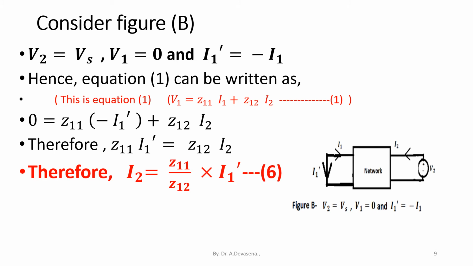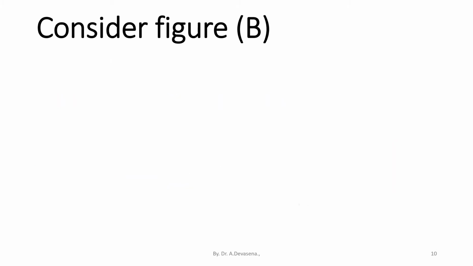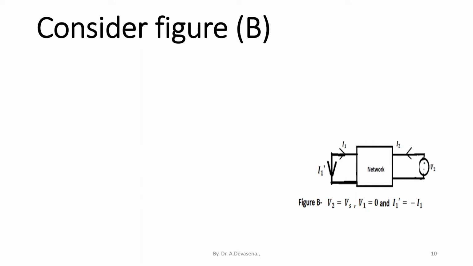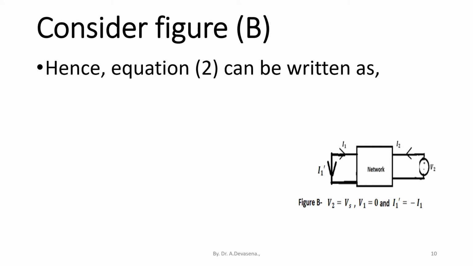Therefore, I2 is equal to Z11 by Z12 into I1'. I have considered this as equation 6. Hence, equation 2 is written with the help of figure B as V2 is equal to Z21 I1 plus Z22 I2.